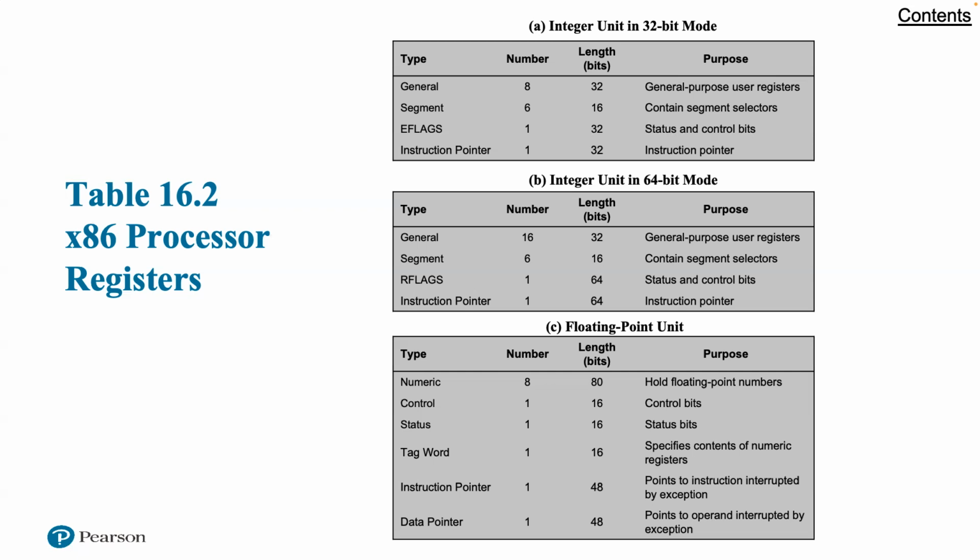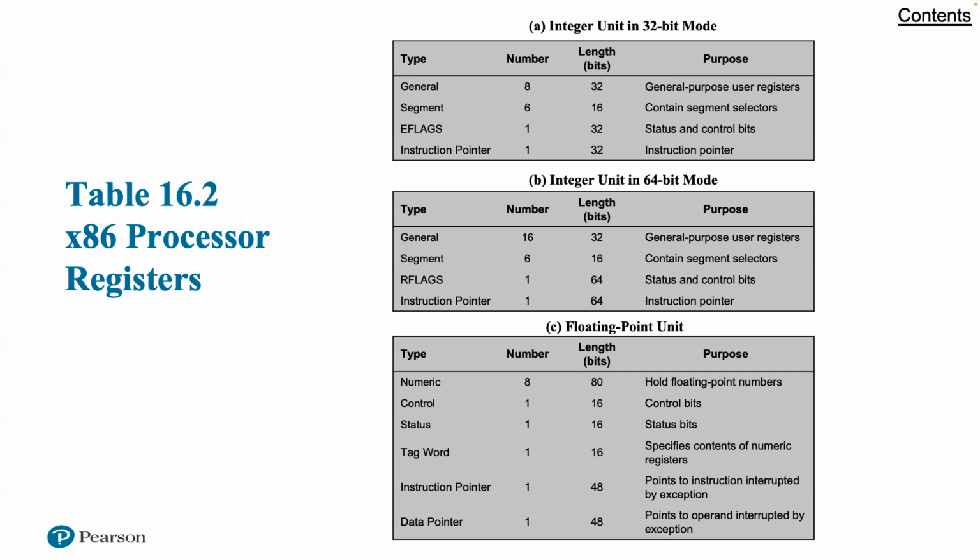We have also numeric. Each register holds an extended precision 80-bit floating point number. There are 8 registers that function as a stack, with push and pop operations available in the instruction set.